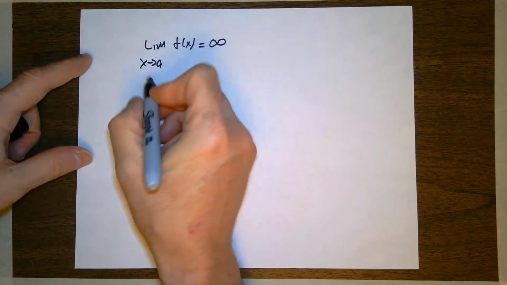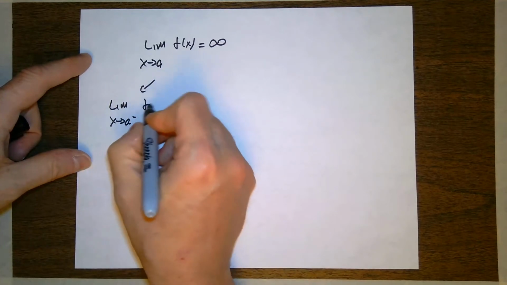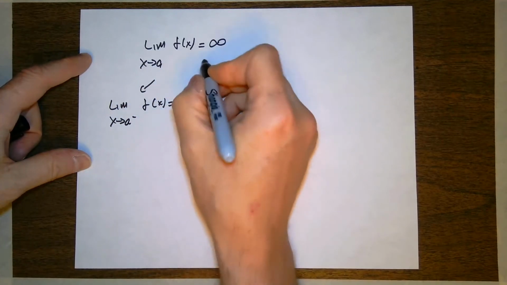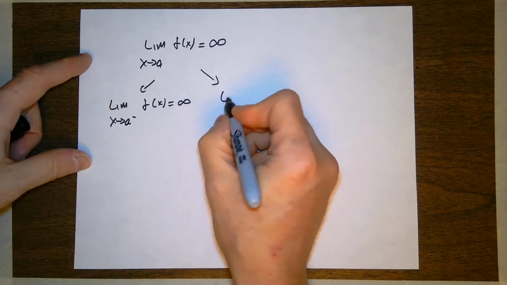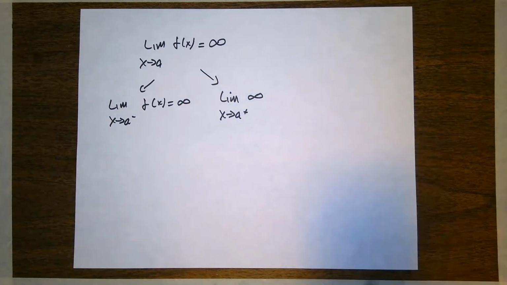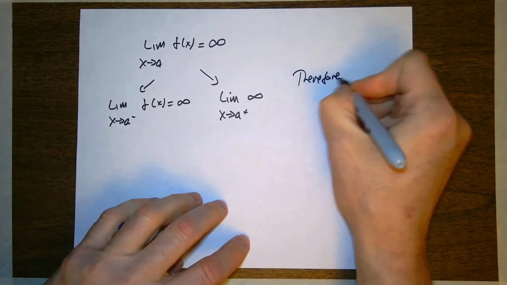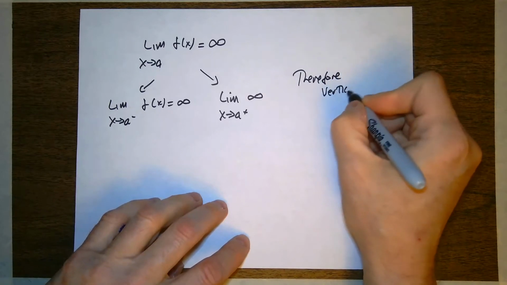That would only be true if the limit as x approaches a from the negative side of f of x is infinite, and the limit as x approaches a from the positive side is infinite, and therefore we have a vertical asymptote.